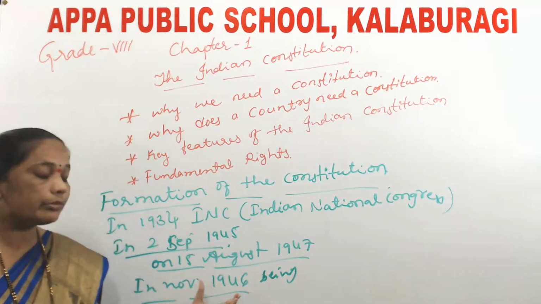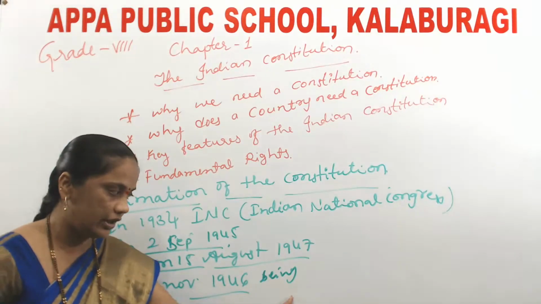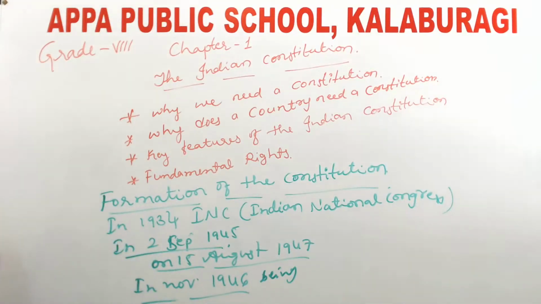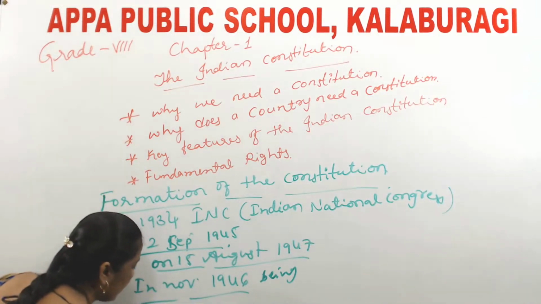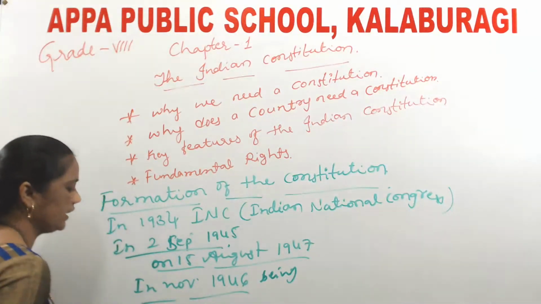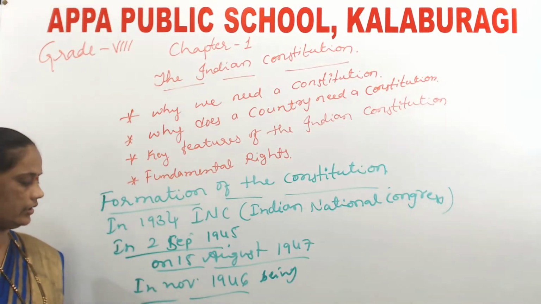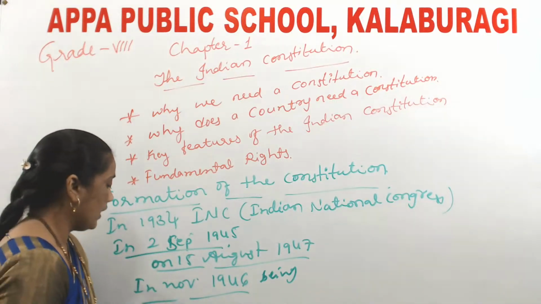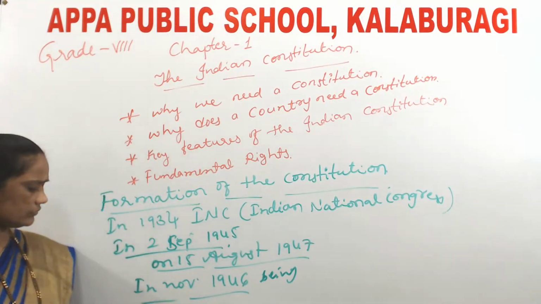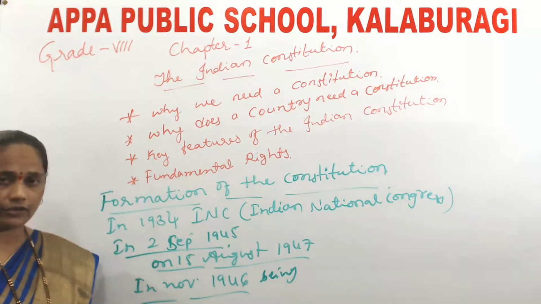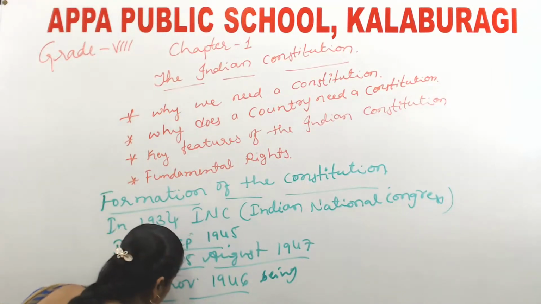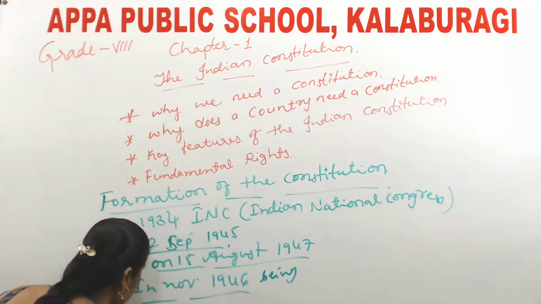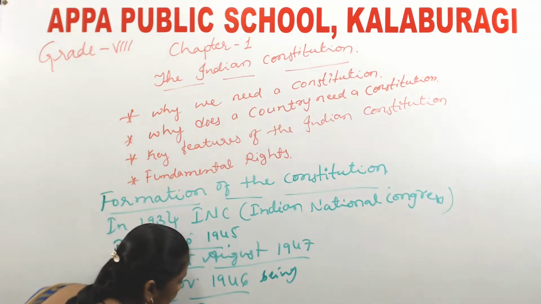When India became independent in 1947, that we all know, the Indian Independence Act was passed in 1947.